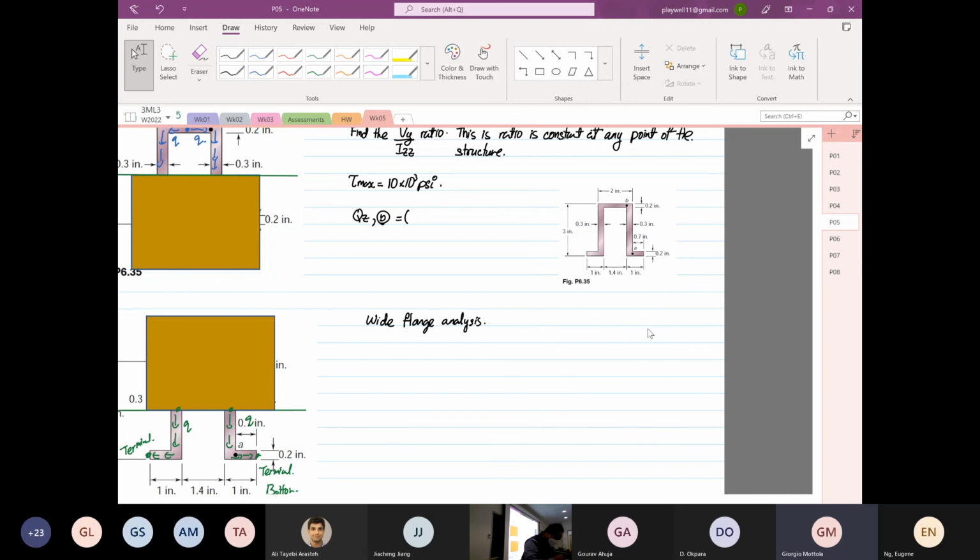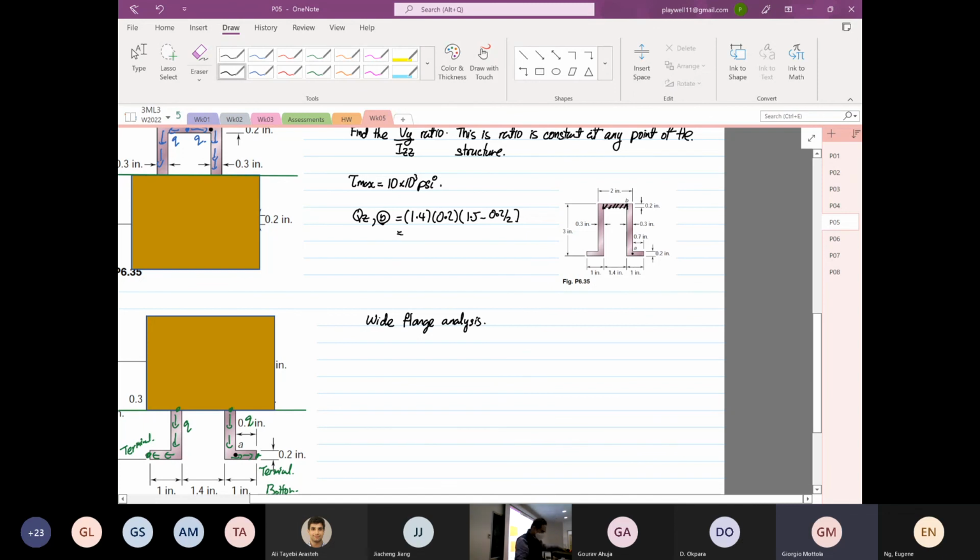So the width is 1.4. The depth is 0.2. Where I'm looking is this area now. And then the y bar is 1.5 minus 0.2 divided by 2.